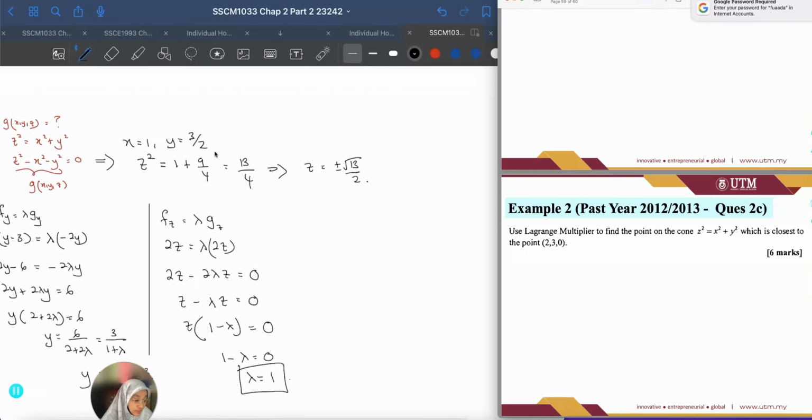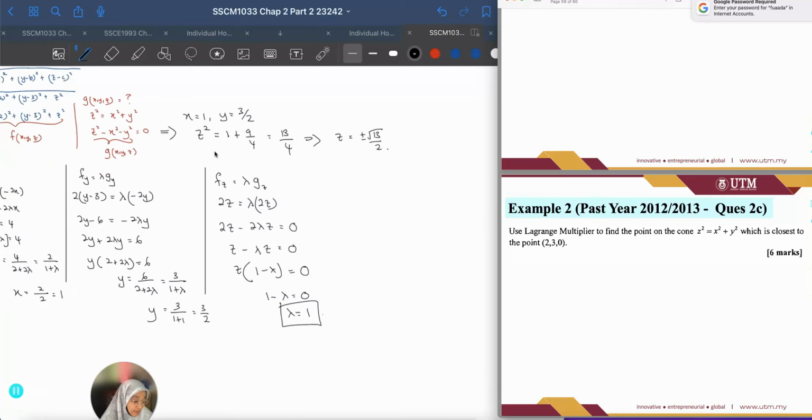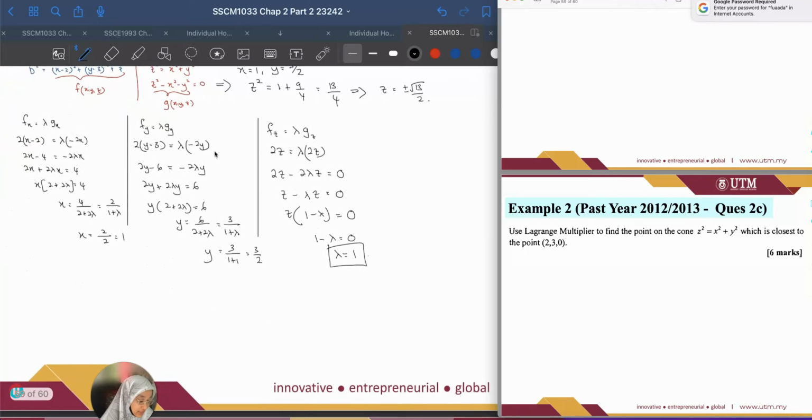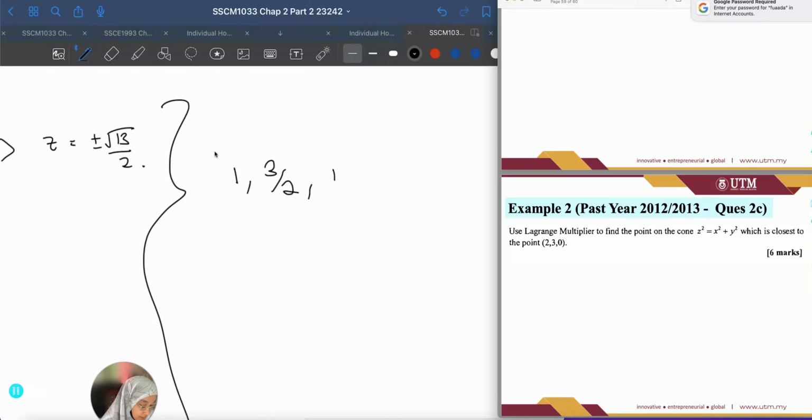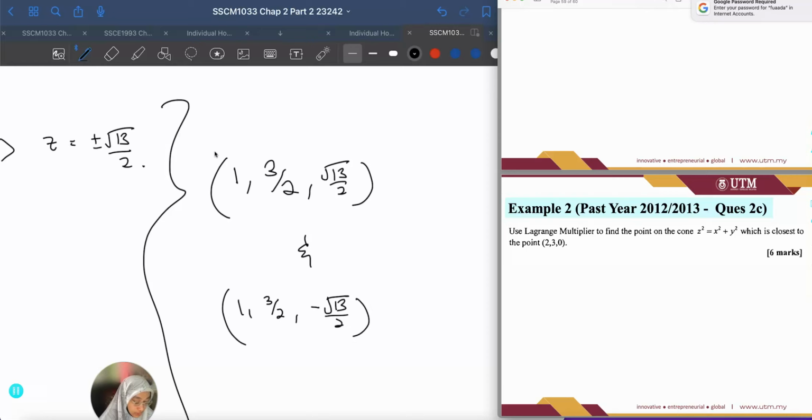So here you got 2 points. Based on your result, when x is 1, y is 3 over 2, and z is positive square root 13 over 2, and the other one is 1, 3 over 2, and negative square root 13 over 2. So you got 2 points here.